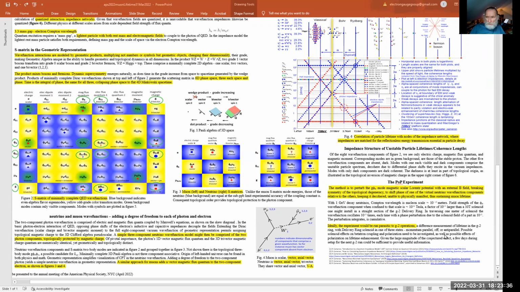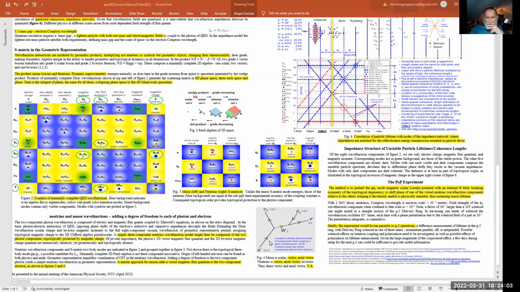So the neutrino wave function we described in a previous talk, it's just the photon topologically protected by magnetic charge. And a similar approach for the muon adds a vector magnetic flux quantum to the 2-component electron. So adding these degrees of freedom to the photon and electron, we get the neutrino and the muon.